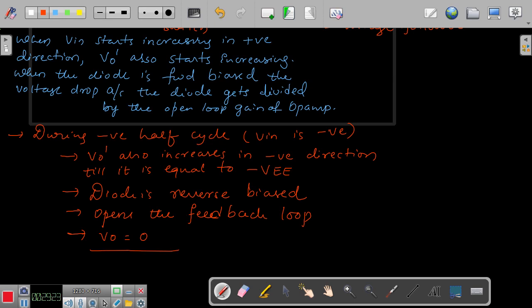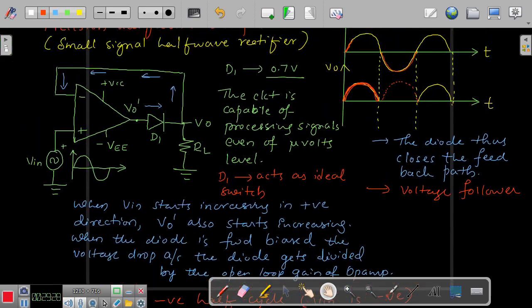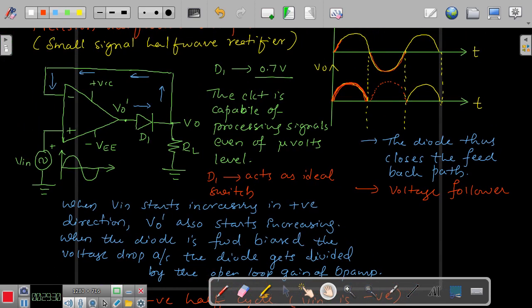Now, having said this, we have already seen how exactly this circuit operates. During the positive half cycle, the diode becomes forward biased, so the voltage across the diode gets divided by the factor of the open loop gain. That is the reason why it starts conducting. During the negative half cycle, the diode will be reverse biased because of the reverse voltage.